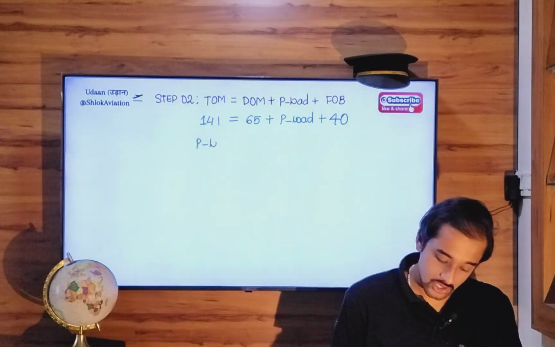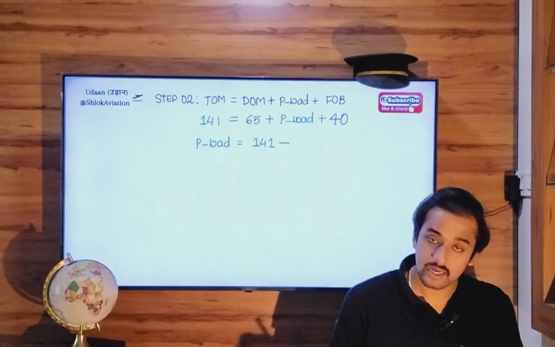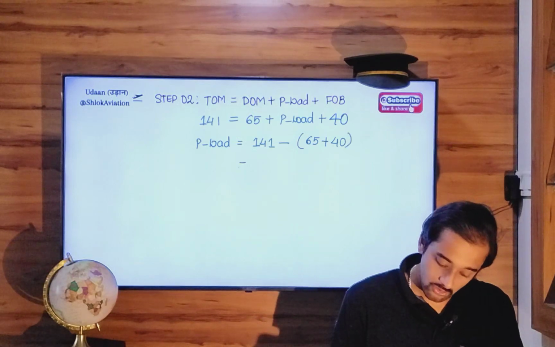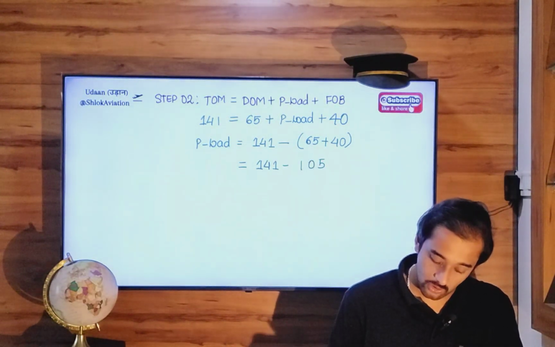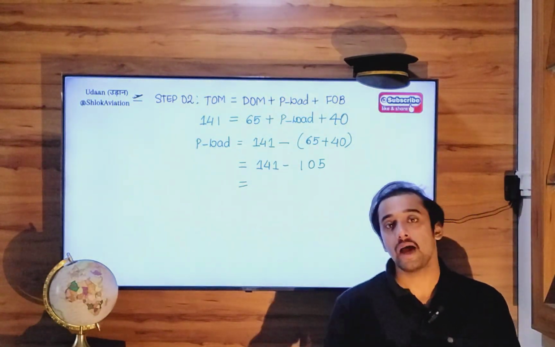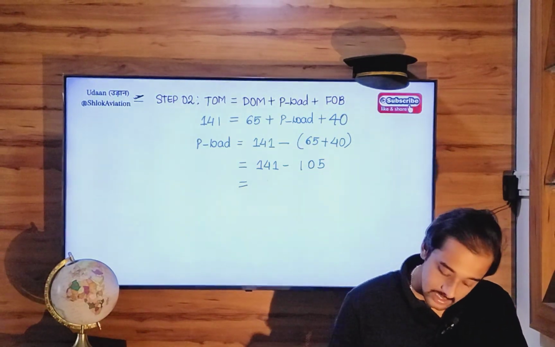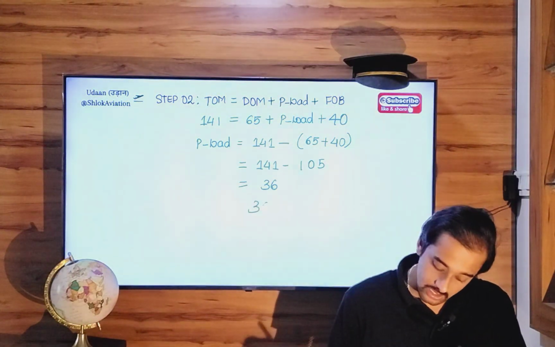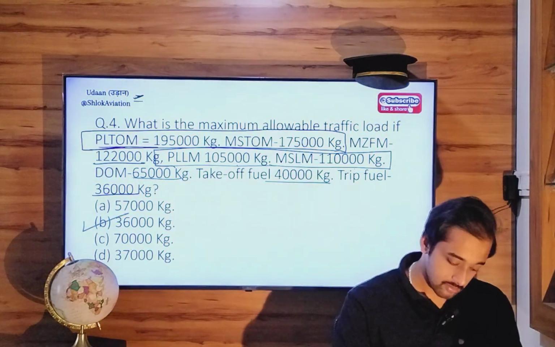Therefore, payload equals 141 minus 65 plus 40. So 141 minus 105 is 36. Payload is 36,000 kg. So the correct answer is Bravo.